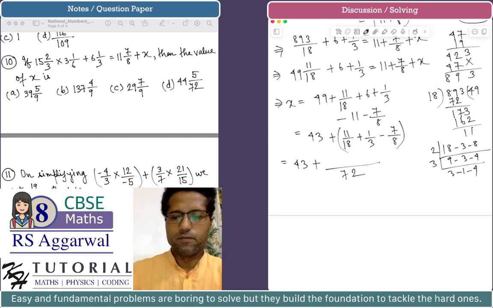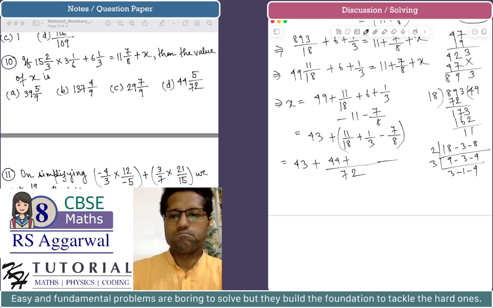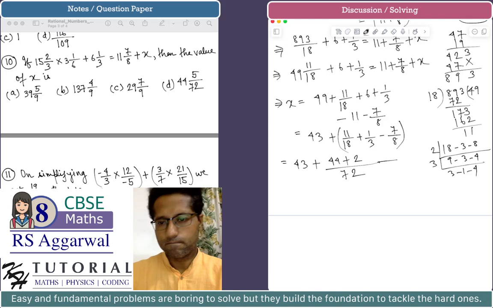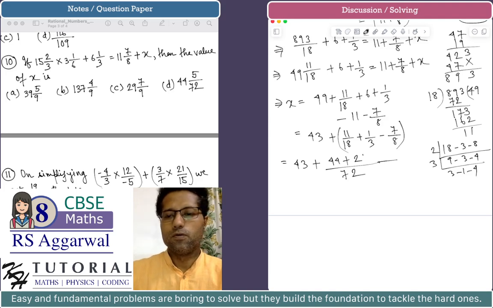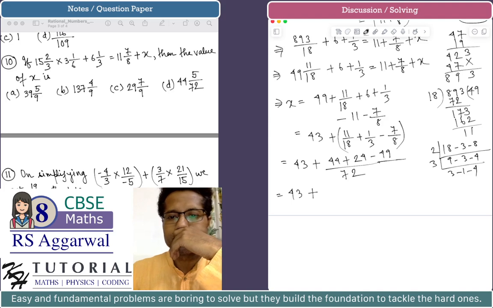And this will be 44 plus 44 plus 24 minus 63, so this is equal to 44 plus 68 minus 63 all over 72.